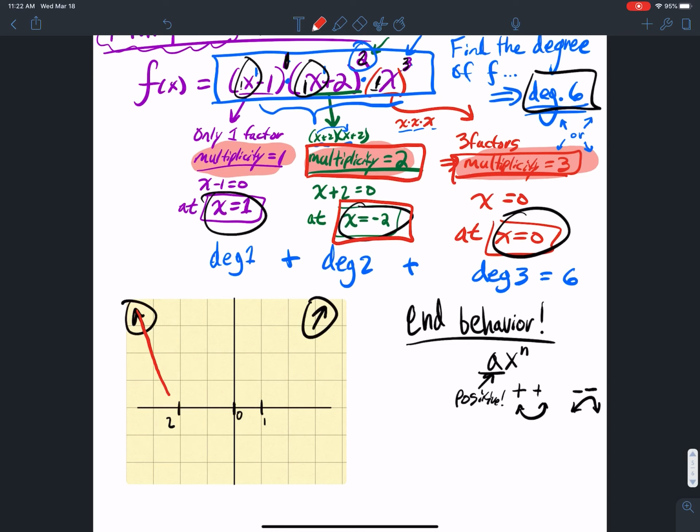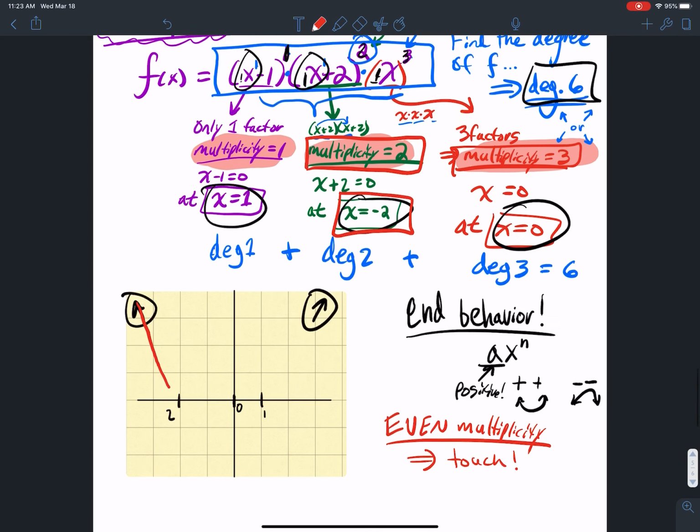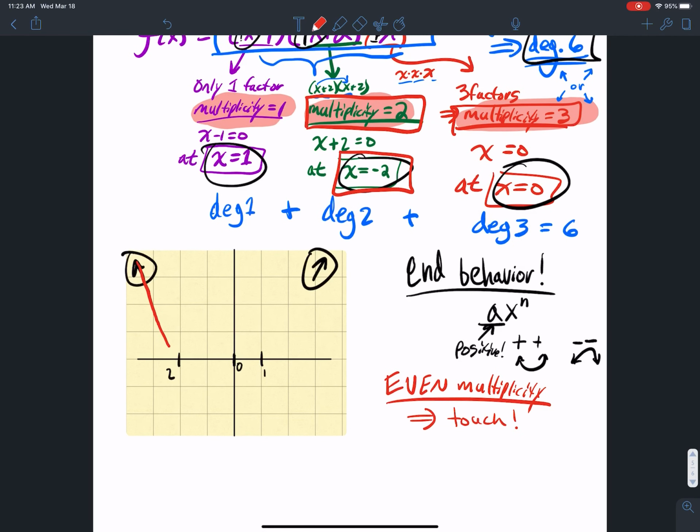With even multiplicity, we're going to bounce. We're going to touch the axis. So I come down, I touch it, and then I bounce back up.